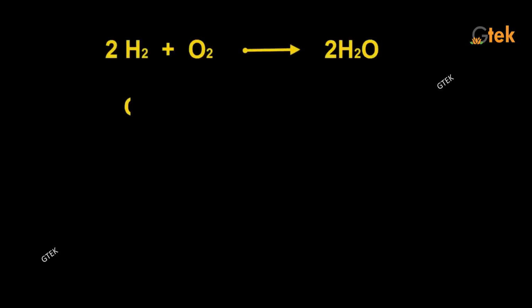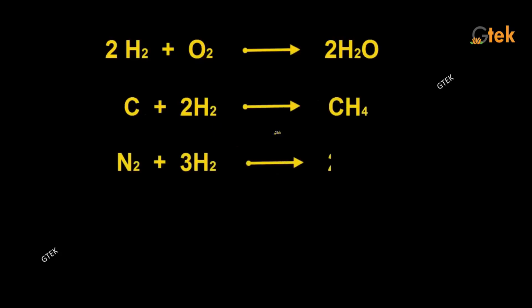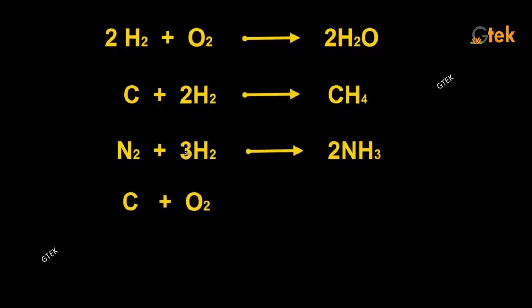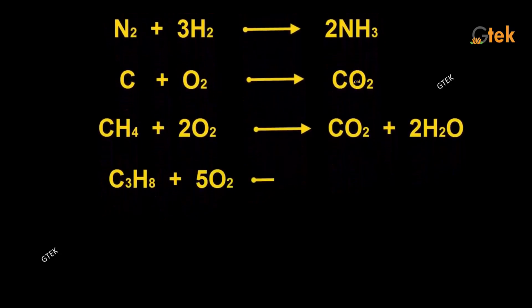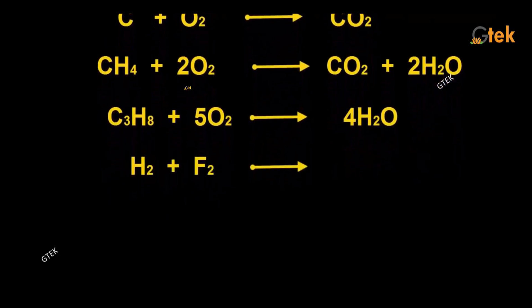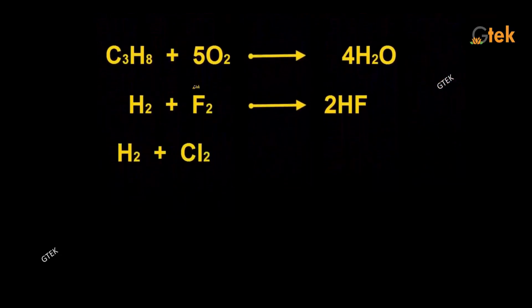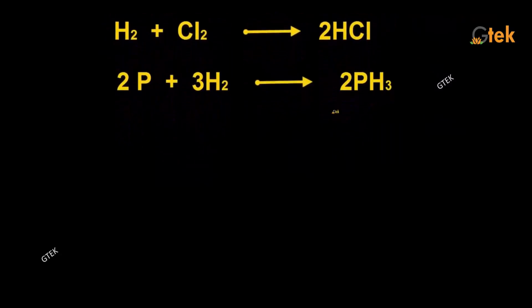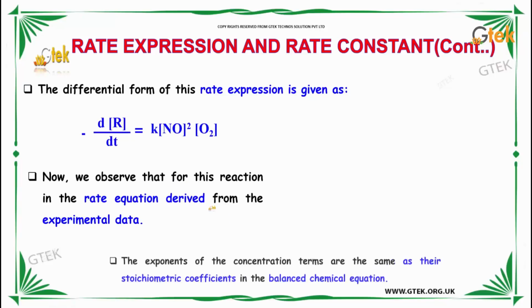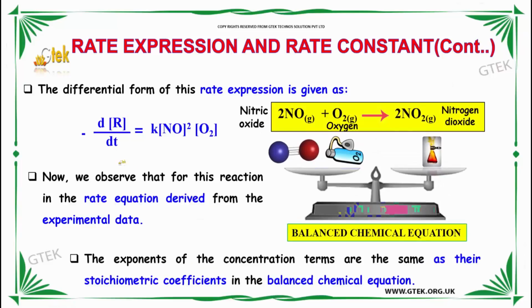I am trying to show you some other equations which are balanced with the coefficients: CH4 methane, ammonia, carbon dioxide, methane with oxygen, carbon dioxide and water, hydrogen fluoride, hydrogen chloride, phosphine.